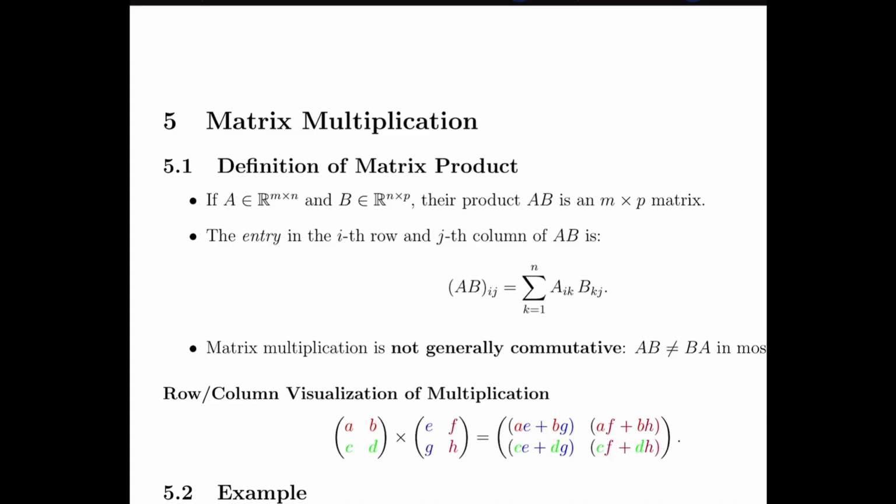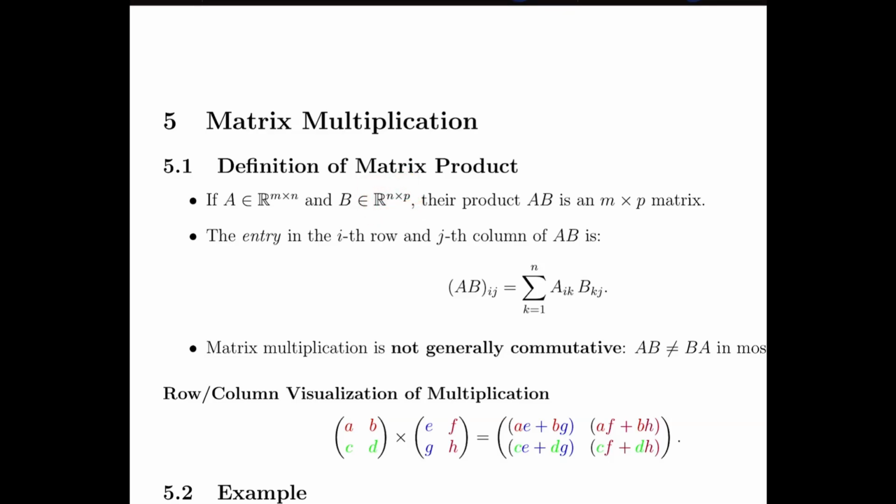Here, the main definition is that the product is defined only if this holds, which means that this n is matching this n here. So here you have m by n, here you should have n by another number. You cannot have another number instead of n in terms of the dimension of B. Otherwise, the product is not defined.